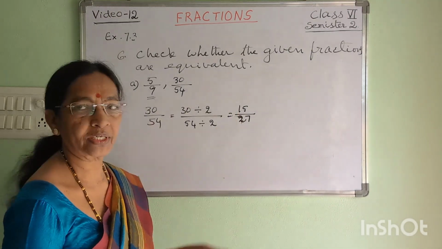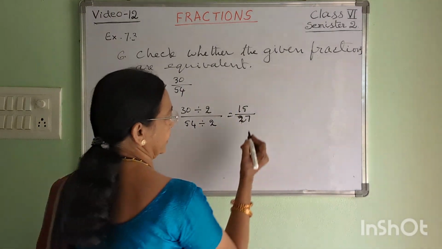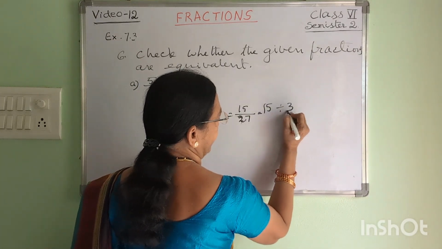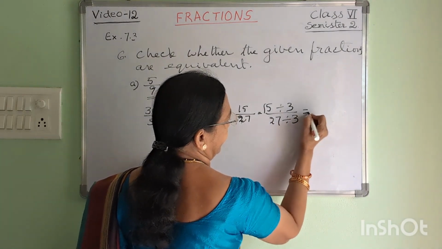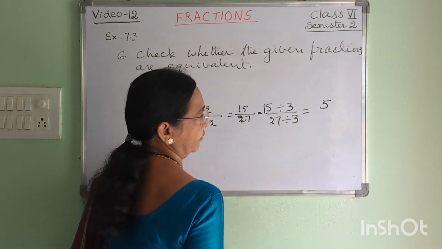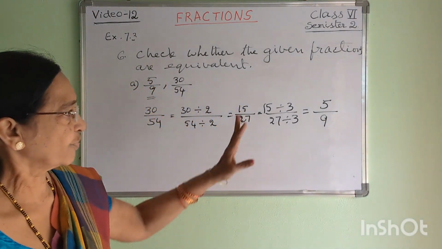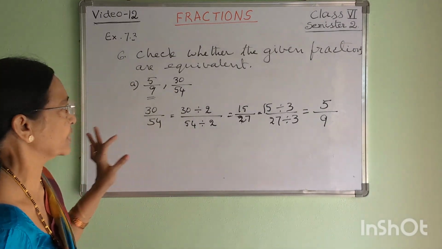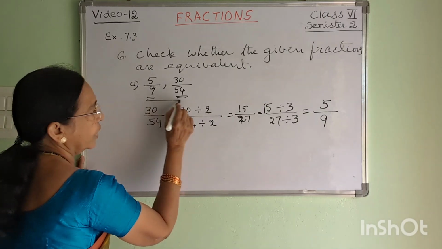Now both are divided by 3. 3 is a common factor for both 15 and 27. Dividing 15 by 3 and 27 by 3, we get 3 5s are 15 and 3 9s are 27. Therefore 5 by 9 is the simplest form of 30 by 54. Therefore these two are equivalent.